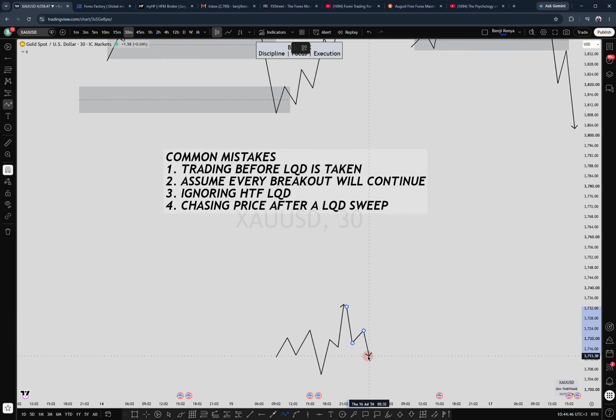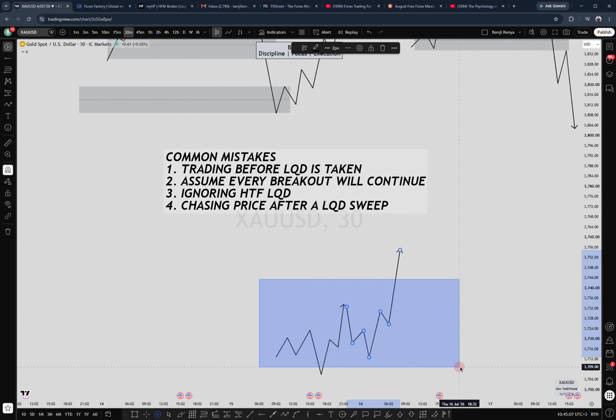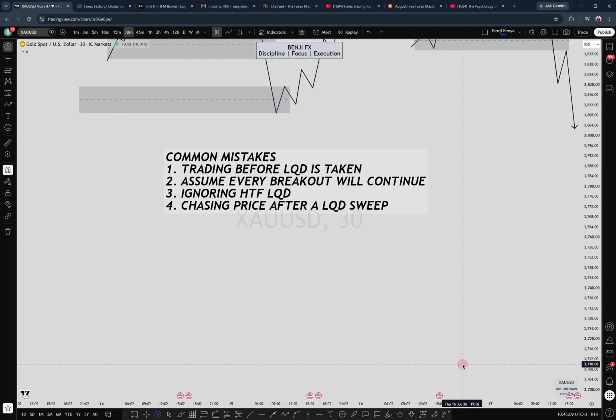The market will always come back to an imbalance, a fair value gap, or even an order block, and the market will continue pushing higher. So chasing price after a liquidity sweep, I usually tell people don't chase price like a mad dog. If the price has left you, please wait. Always wait for the market to give you clear structures. Get in after a pullback, which is very important.